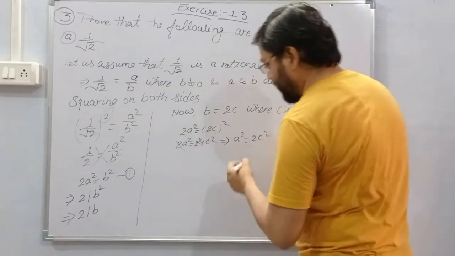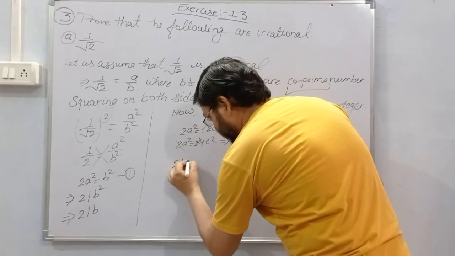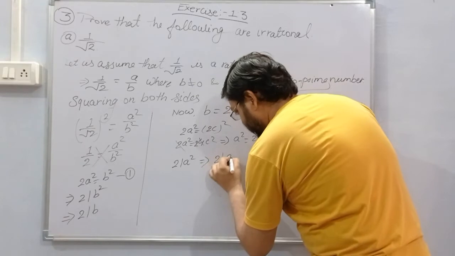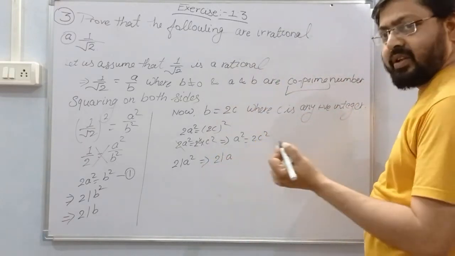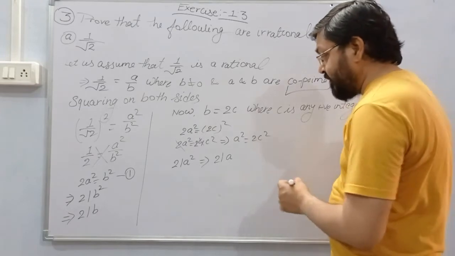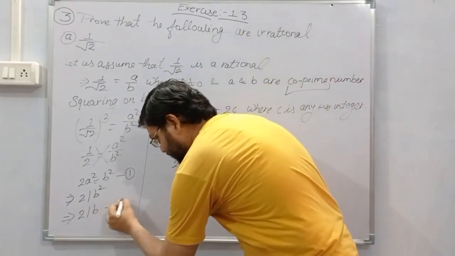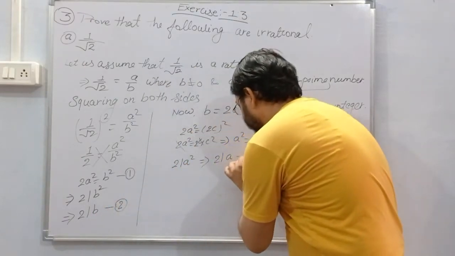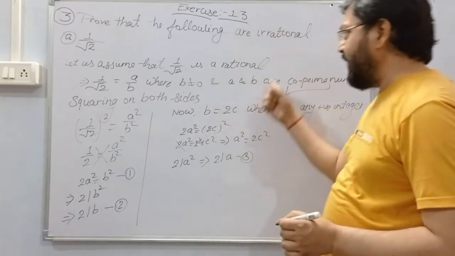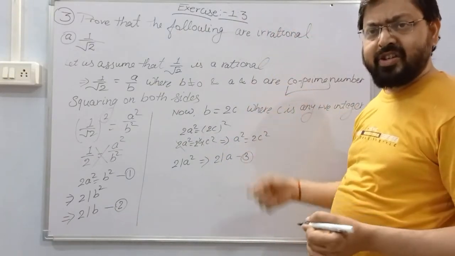Again, the same theorem: if 2 divides a square, then it divides a also, the fundamental theorem of arithmetic. From this and this, I can say that 2 is a common number between a and b. Here I supposed a and b are co-prime numbers. Again a contradiction arises.